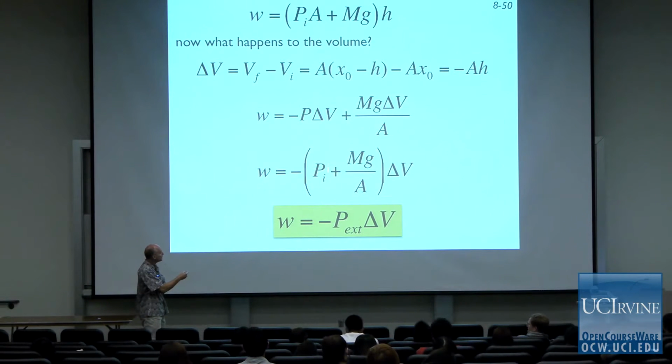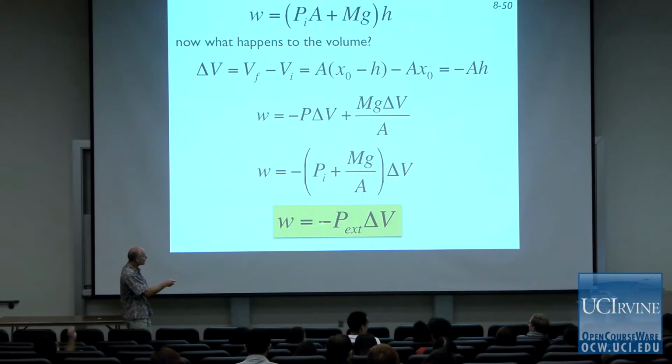That's the initial pressure, and that's the pressure imparted by the mass that we stuck on the piston. Times delta V, and so work equals minus P external times delta V. Yes! We can use this equation to calculate the mechanical work. This is a derivation of it.